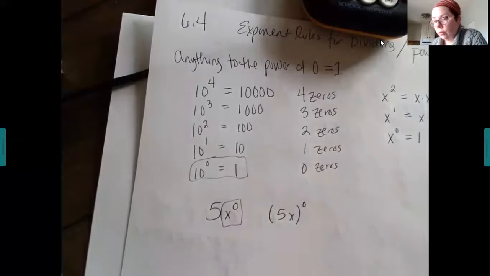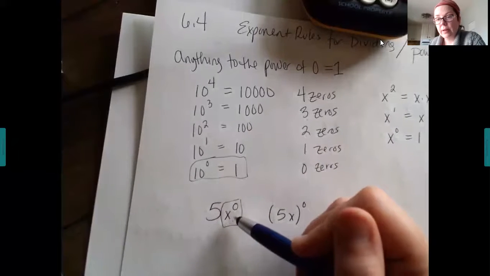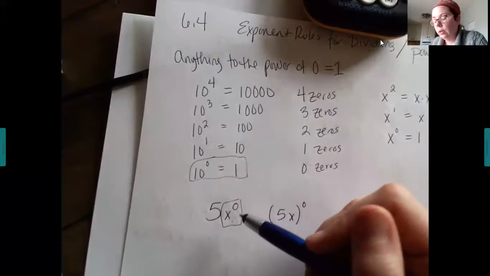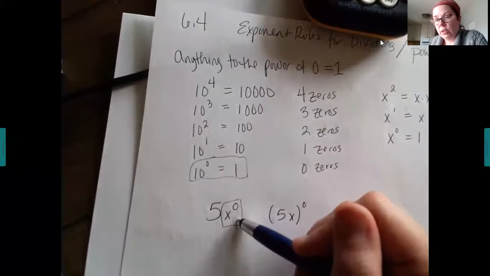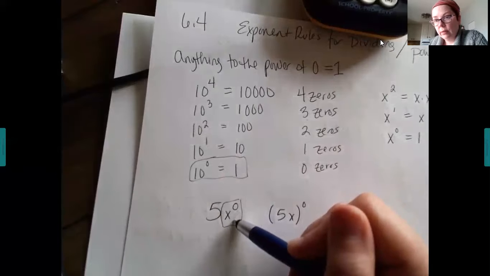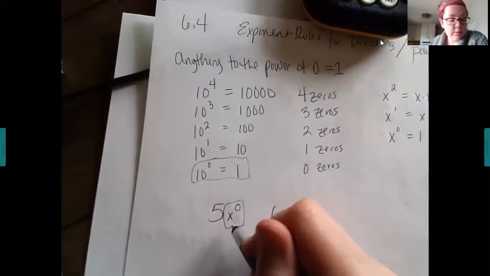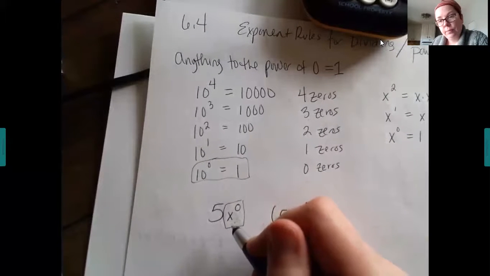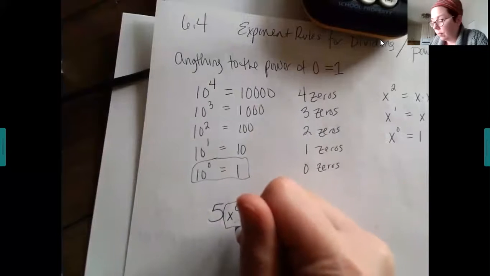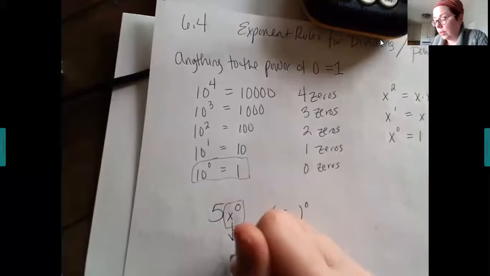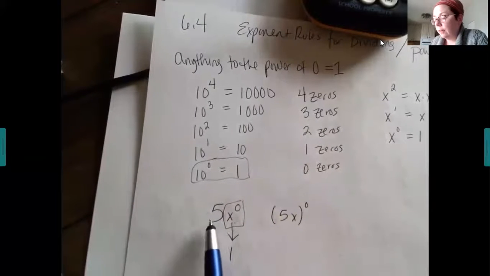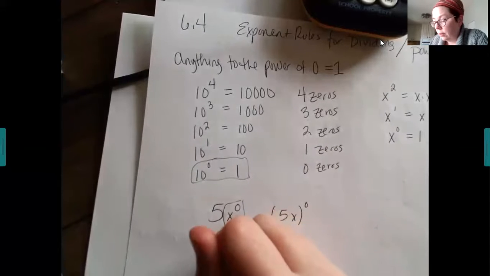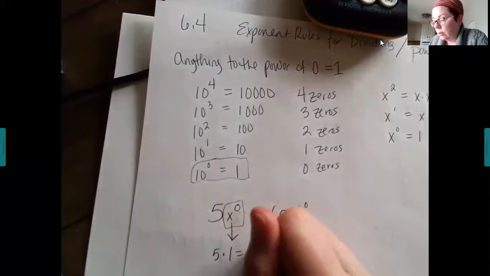Just like we saw before with order of operations, when we put a number in for this evaluation and ended up squaring it, it would apply to just this. So this is going to equal 1, and this is saying 5 times whatever that is. So 5 times 1 equals 5.